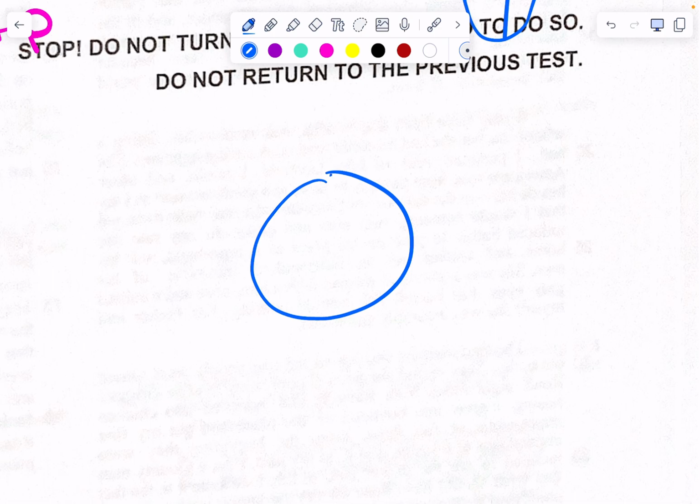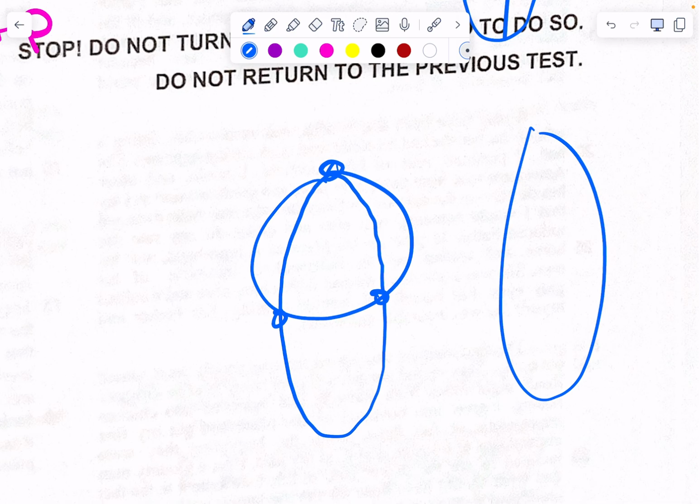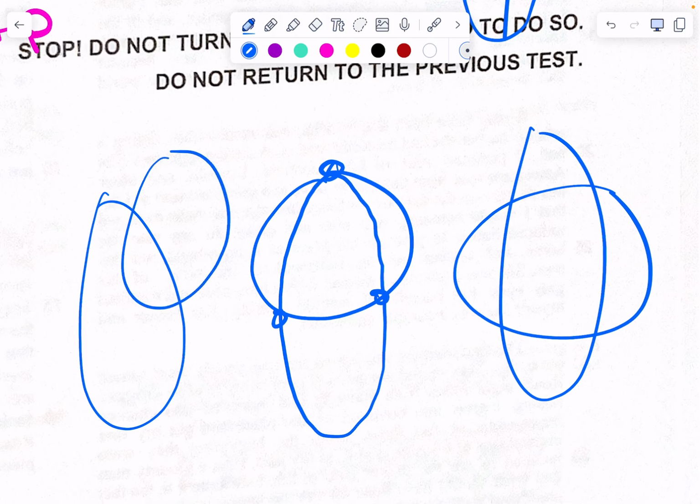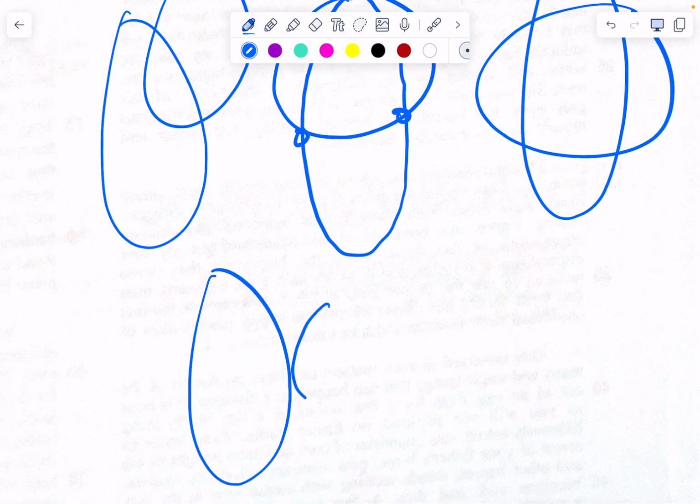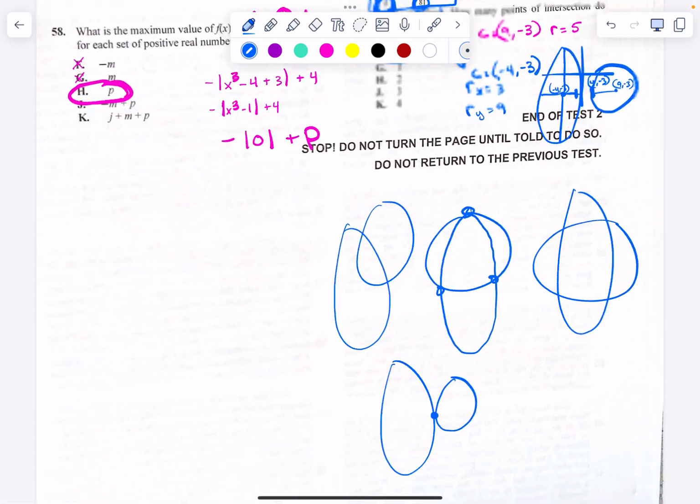Like an oval like this, that would be 3 places, 1, 2, 3. Can they intersect at 4 places? Yeah. Oval, circle, that's 4 places of intersection, right? Can they intersect at 2 places? Yeah. Can they intersect at 1 place? Yes, if they're touching, butting up against each other, like that. Yes. Okay, so there's that.